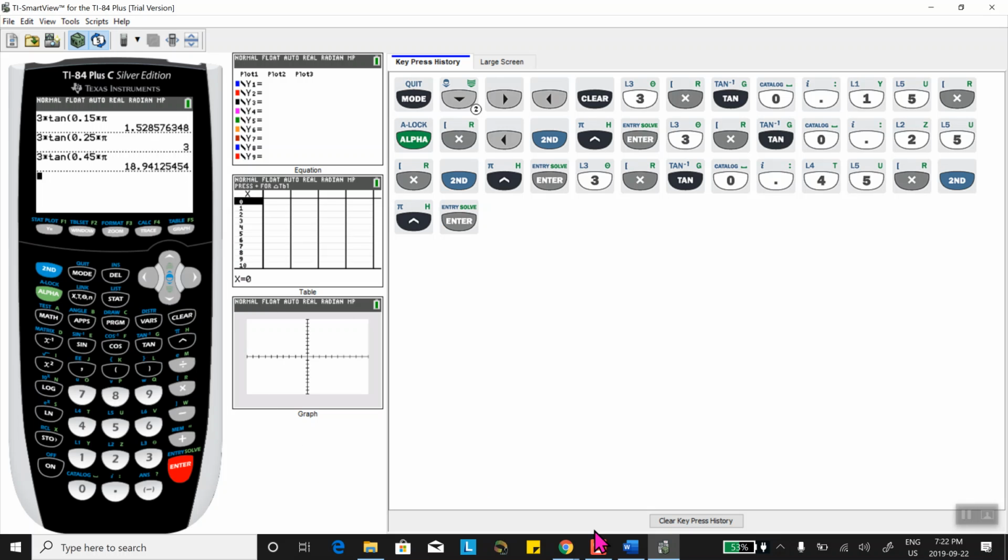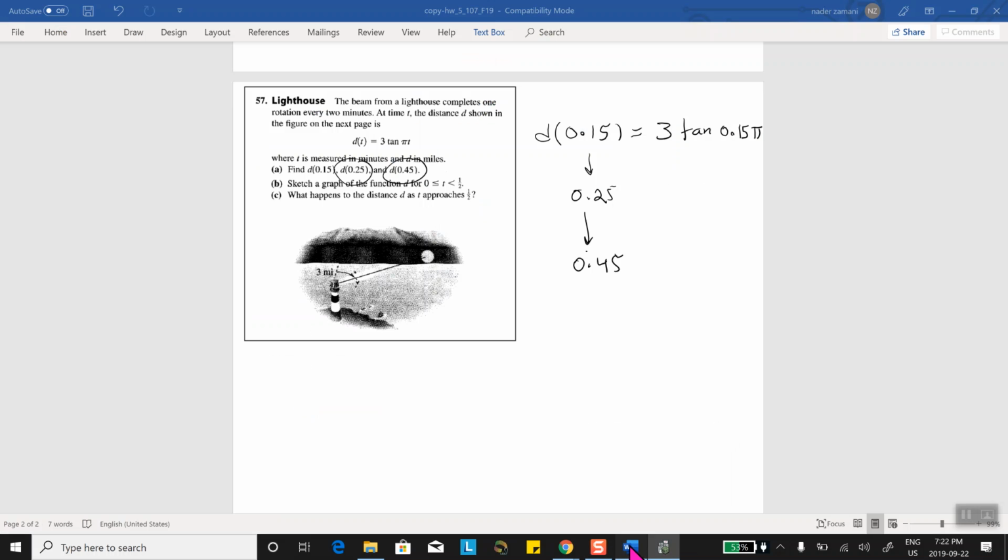Okay, now let's see what else it's asking. So these numbers you can transfer to the answer of this part A. Sketch the graph of the function for t between 1/2 and 0. Now let's see for a second.